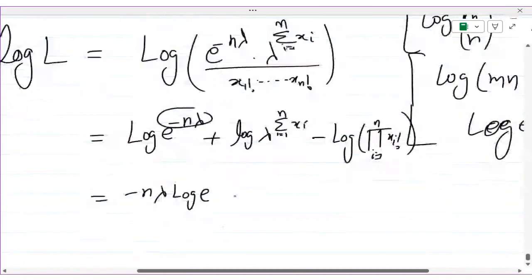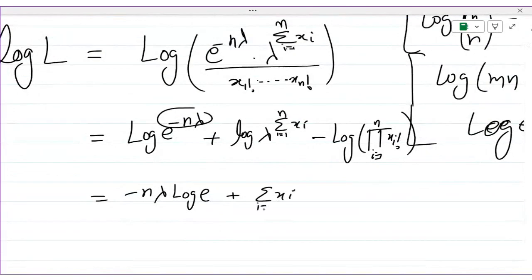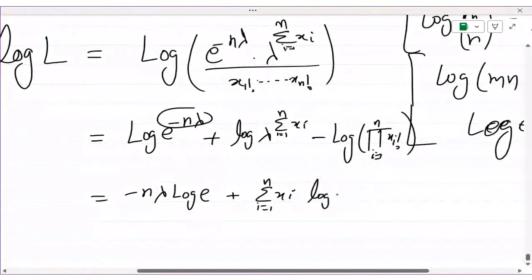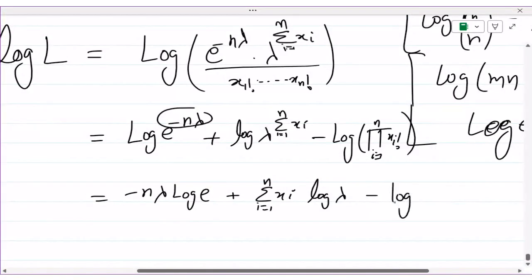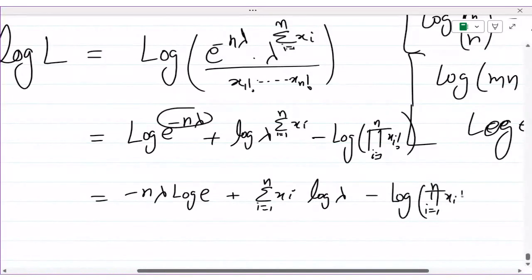Plus this power will come in the front, summation xi, I varying from 1 to n, log of lambda, minus log of the product of I varying from 1 to n, xi factorial. So this is log L.